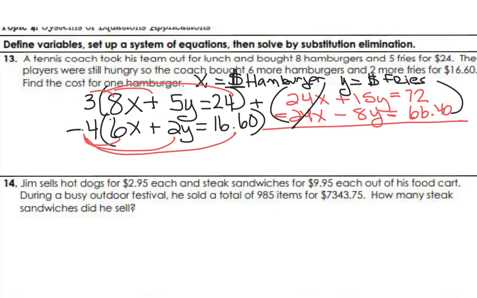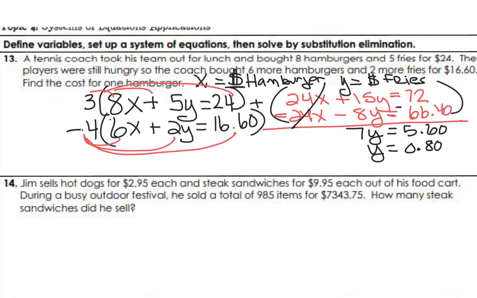So this cancels out. 15 plus negative 8 is going to be 7y equals 72 plus, and this is negative, 72 minus 66.40 is $5.60. Divide that by 7. So my fries are 80 cents each. All right, so that's how much the fries are.